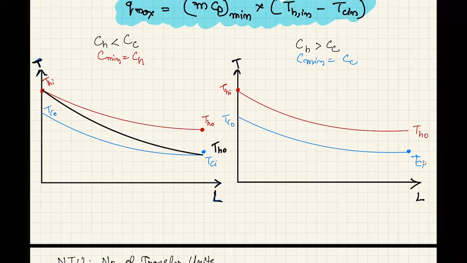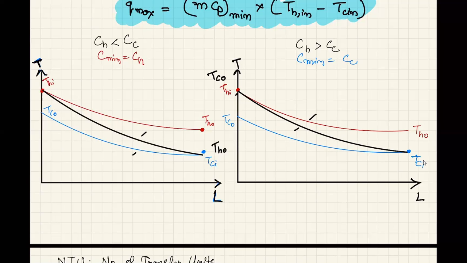Great. So in this case, at the condition of Qmax, the line will look like this. The temperature profiles will be looking like this. So this point will be THI, at the same time TCO, and black and red lines, and in this case black and blue are the final lines, and this is how the graph looks.